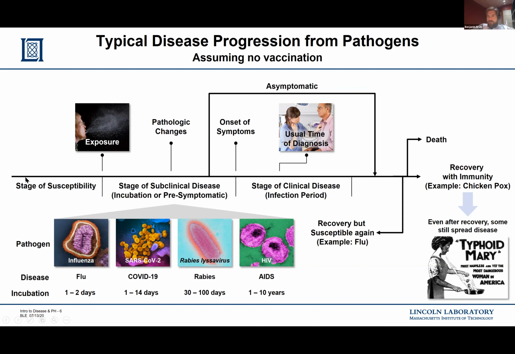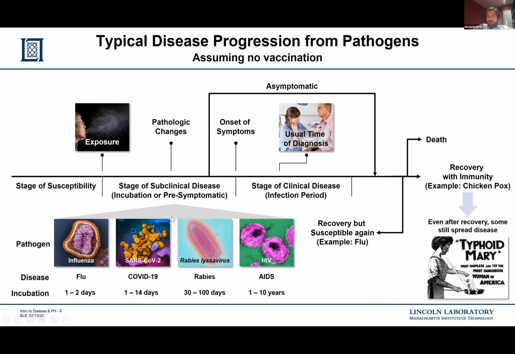We could get COVID-19 if we were out and we did something that got us infected. And essentially, if you went to a point where you were exposed to it and you were becoming infected, you would go into this stage of what's called subclinical disease or pre-symptomatic. You're essentially incubating the disease, but you're not sick yet. You're not showing any signs.